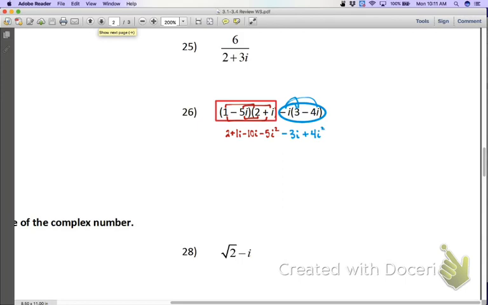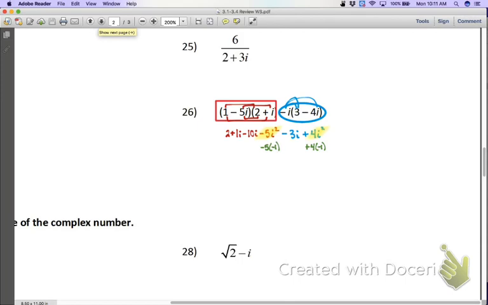You can do as much or as little as you want. I'm going to kind of overwork this one, and I'm going to change my values of my i squared. So remember, i squared is the same thing as negative 1. So really I have 4 times negative 1. And then I have negative 5 times negative 1 there.